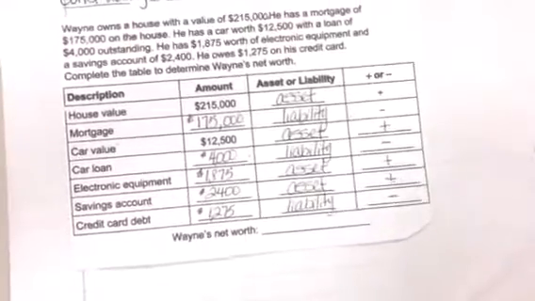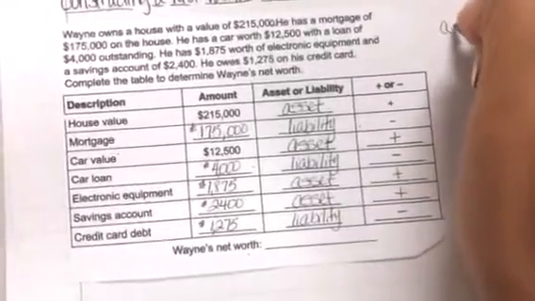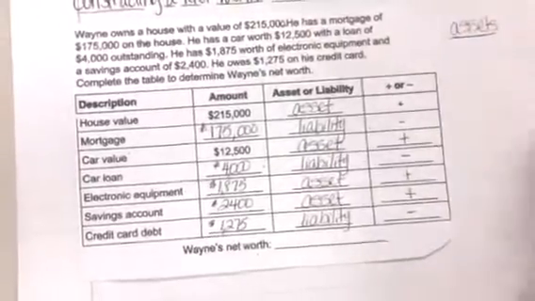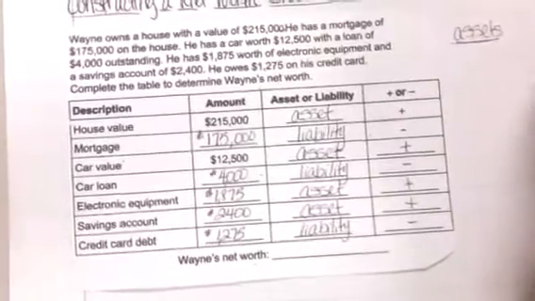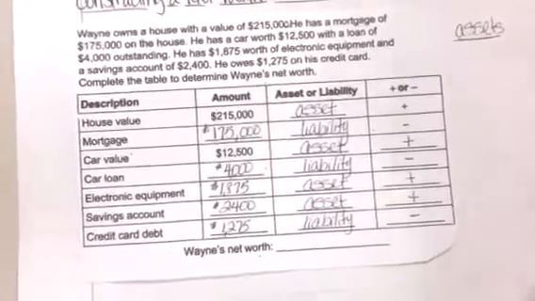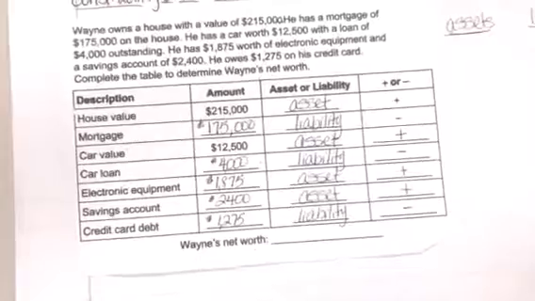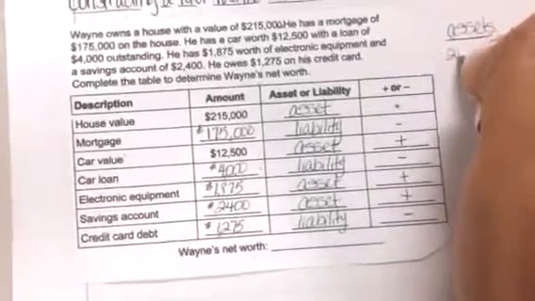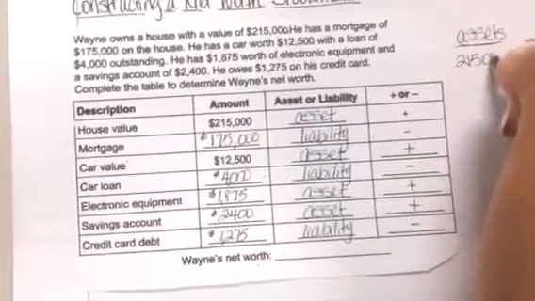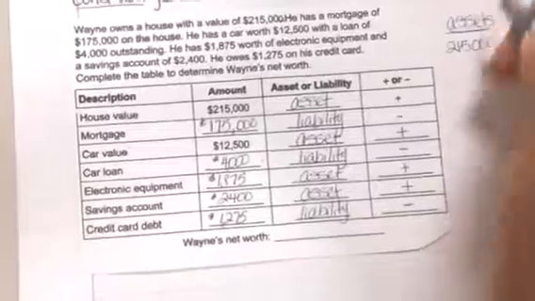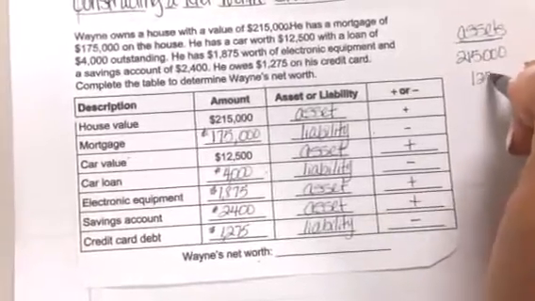Okay, now we're going to come over to the side and we're going to add up all of our assets. And then we're going to add up all of our liabilities. You're going to have to write kind of small to fit it in there. So we have a $215,000 house value. We have a car value of $12,500.